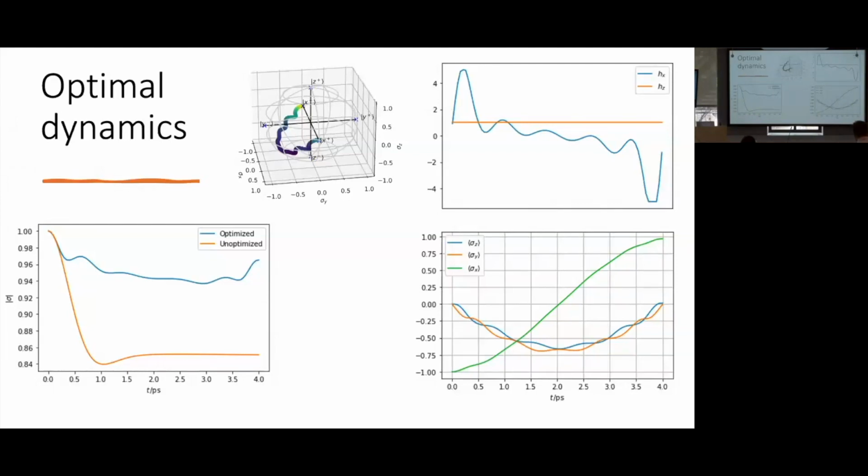Really good. We actually slightly contrived this by putting bounds on the fields in such a way that dynamical decoupling wasn't going to be achievable, right? We told it we don't want you to find control fields that are fast compared with omega c.